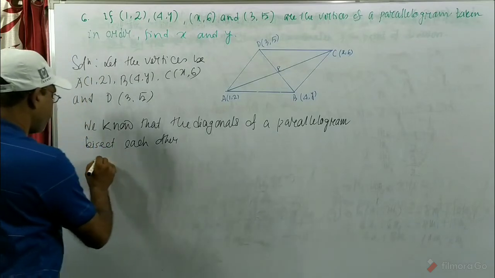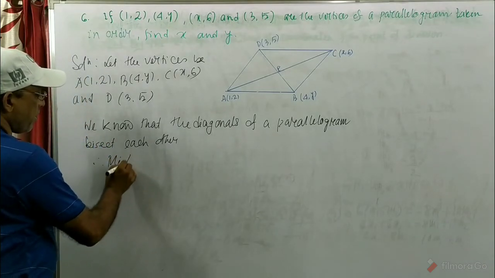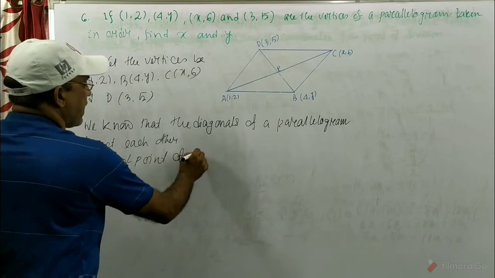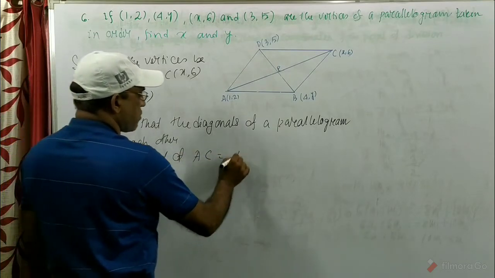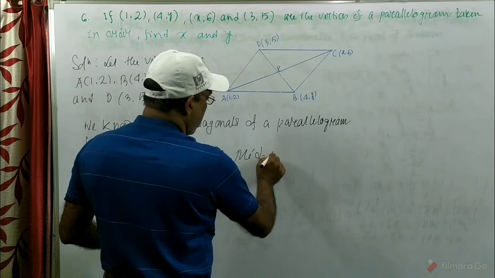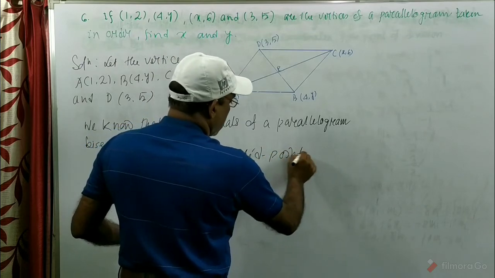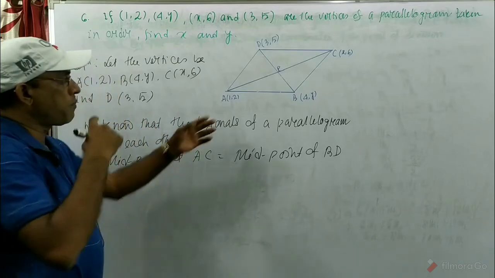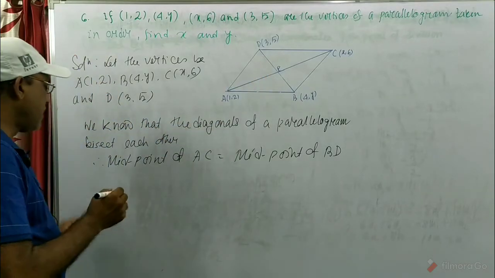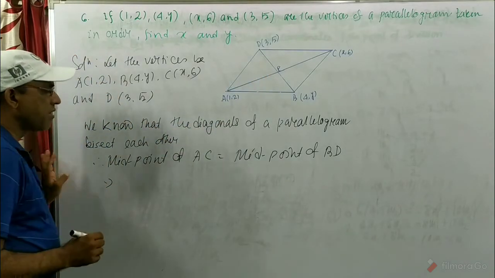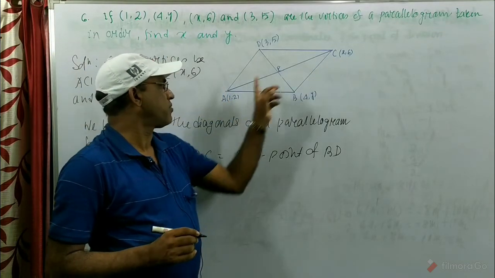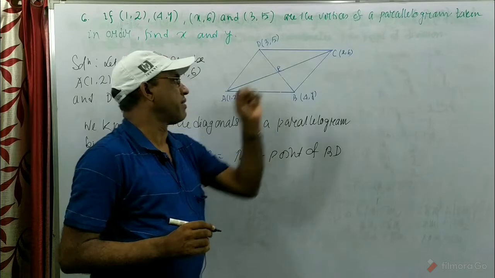Therefore midpoint of AC equal to midpoint of BD. Now what is the midpoint of AC? Midpoint means this plus this divided by 2, this plus this divided by 2.